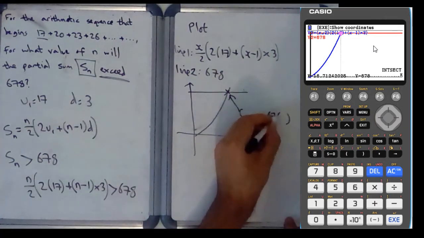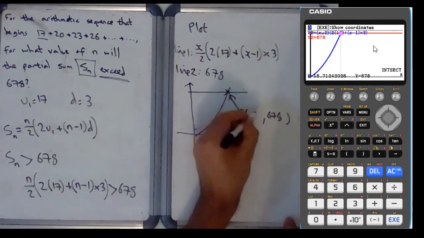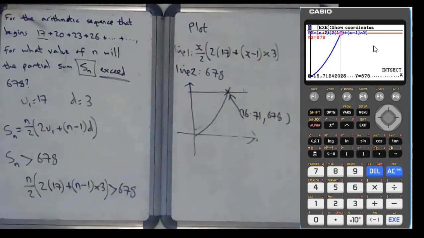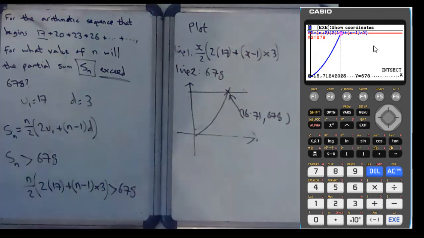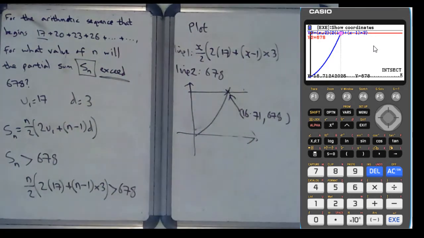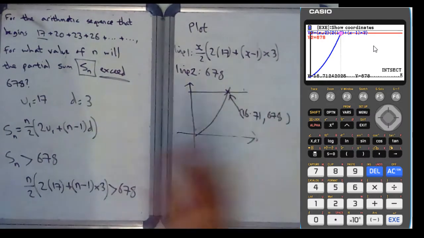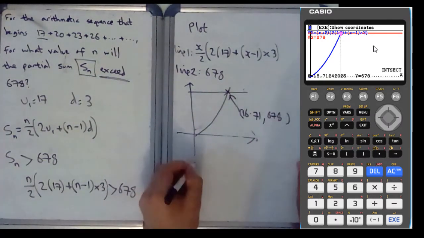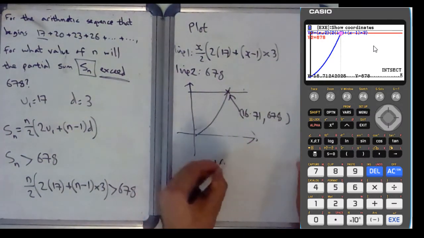So 678, 16.71. Now that is telling me, remember, I don't have an x in the question, I have an n. So that's telling me n needs to be greater than 16.71.